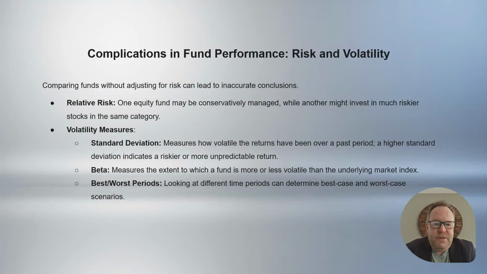So, complications in fund performance regarding risk and volatility. Comparing funds without adjusting for risk can lead to inaccurate conclusions. So, relative risk: one equity fund may be conservatively managed while another might invest in much riskier stocks, even though they would be in the same category.